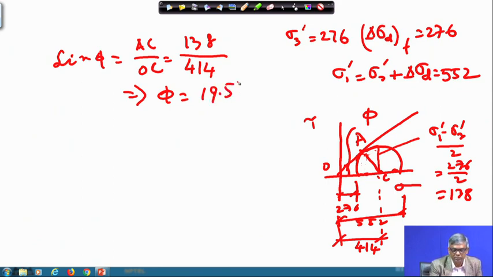And if you know this phi, then I can find out theta, or you can measure the theta here directly, otherwise theta equal to 45 degrees plus phi by 2, and that will be equal to 54.75.